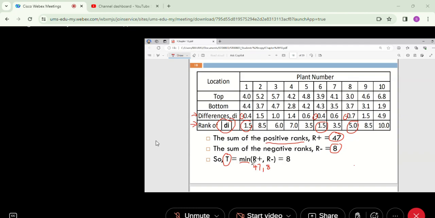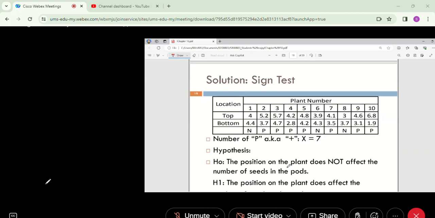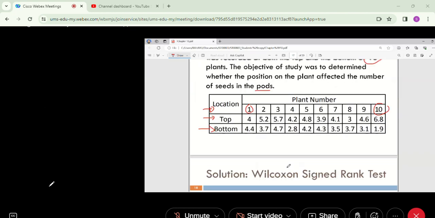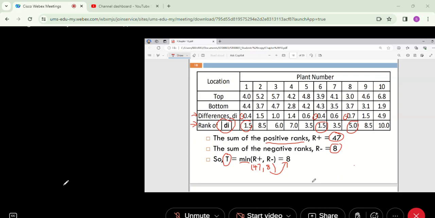So the minimum value between 47 and 8 is 8, so T equals 8. We need to go and find the Wilcoxon signed rank table, find the interval and see whether the value 8 is within the interval or not. If it is within the interval, then we cannot reject the null hypothesis. If the value of 8 is outside the critical value interval, then we can reject the null hypothesis.